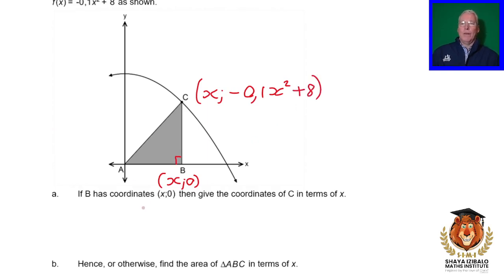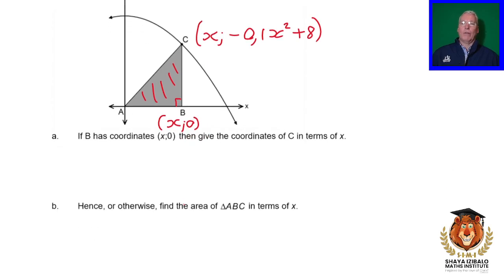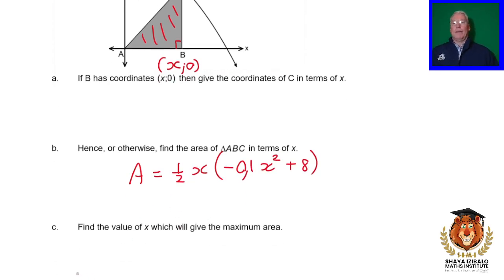Okay, so now it says, what's the maximum area of the, or what's the area of the triangle rather? So the area is just going to be half the base is x, times the height, which is negative 0,1 x squared plus 8. All right, and now we want to maximize that area.